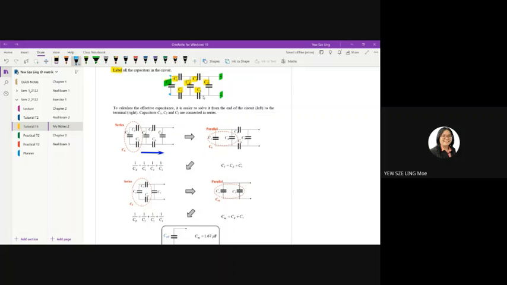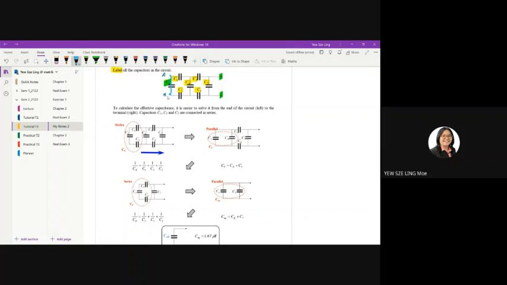First of all, you try to see how many paths can be taken to travel from one terminal to the other, let's say from point A to B. Ada berapa laluan yang kita boleh guna untuk bergerak dari A ke B. Obviously, if you look at this diagram, you have only one path, which is a linear path, straight away from A to B. Now you think, is there more than one capacitor along the same path, this blue line?